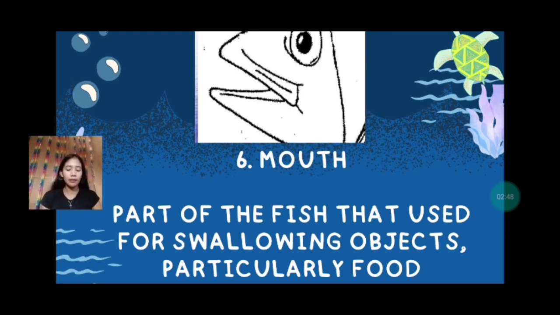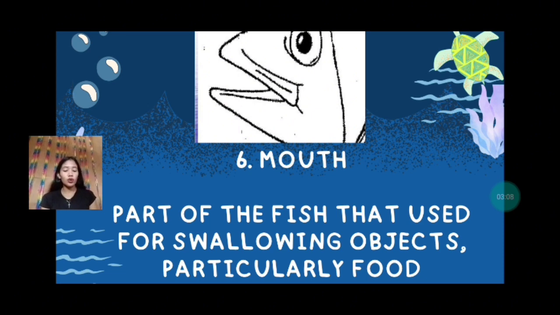Next, we have here the mouth. The mouth is a part of the fish used for swallowing objects, particularly food. The mouth of the fish serves multiple functions including feeding, communication, and respiration.